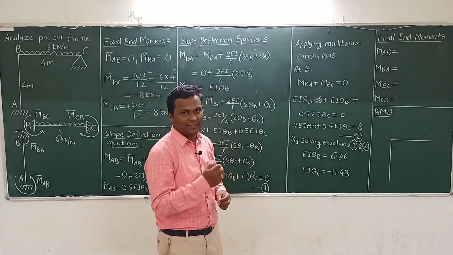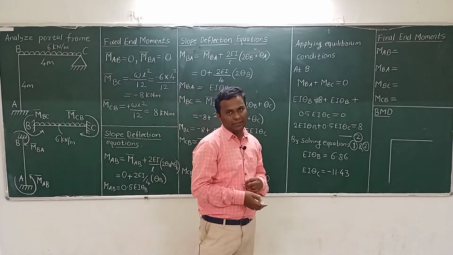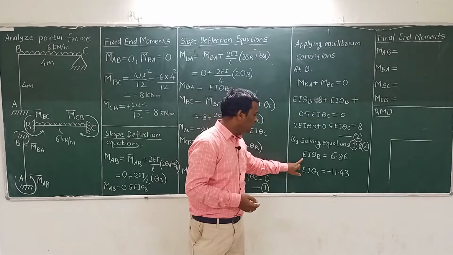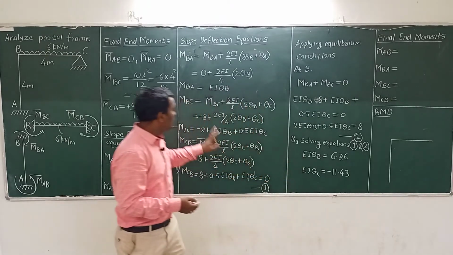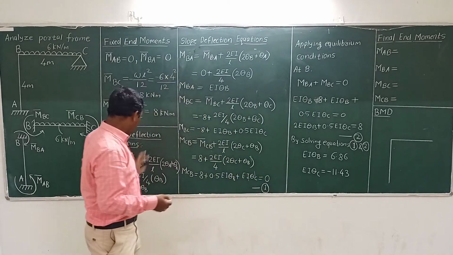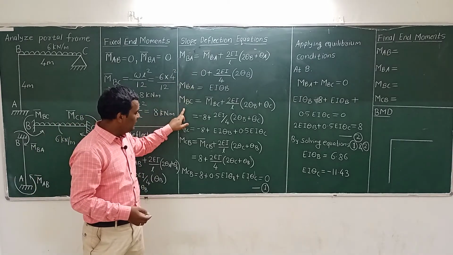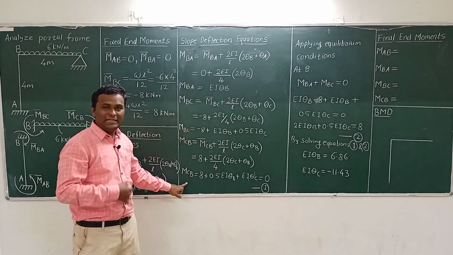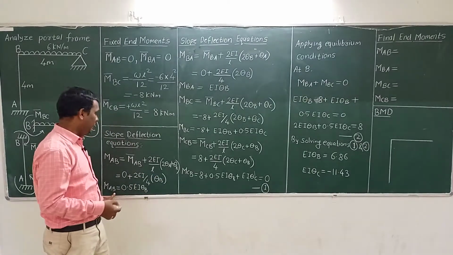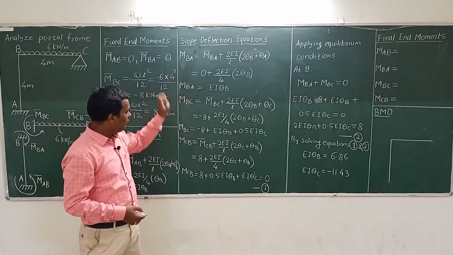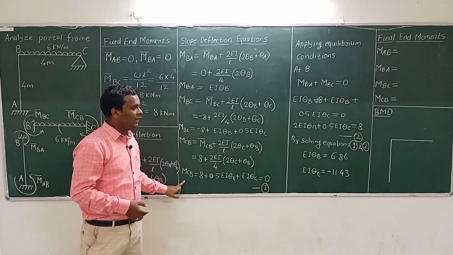Now we can go for the last step, the end moments calculation. Here EI theta B is known to us, EI theta C is known to us. So if we go for MAB, next MBA, next MBC and MCB, we can easily calculate what is MAB, MBA, MBC and MCB.